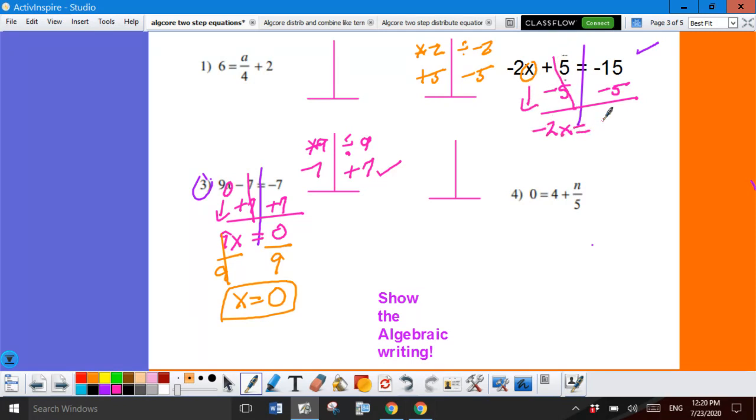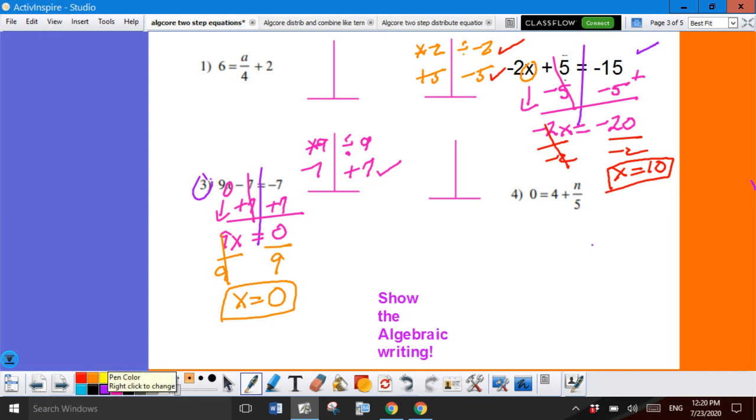Negative 2x equals negative 15 plus negative 5. That is a negative 20. All right, there's my first step. Now I'm going to move on to dividing by negative 2. Cross out. So x equals negative 20 divided by negative 2. That is a positive 10. And I'm done.